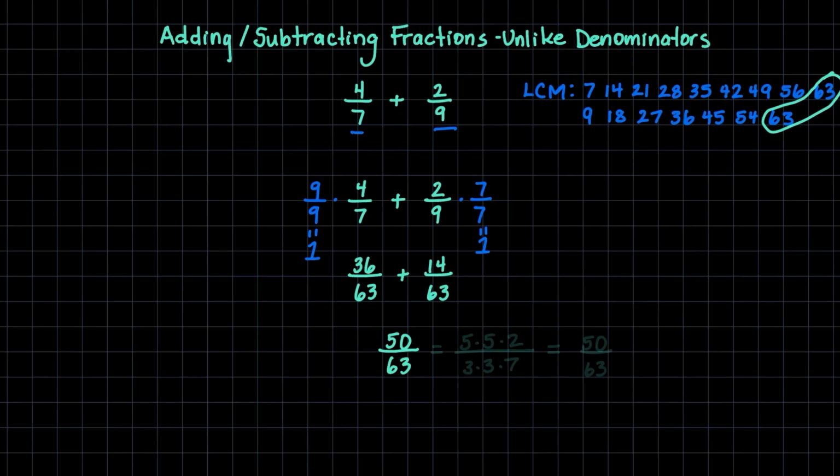Now we're going to simplify if we can. 50 is 5 times 5 times 2. 63 is 3 times 3 times 7. You can see they don't have any common factors, which we know is relatively prime, which means it cannot be simplified further. So we keep our final answer as 50 over 63.